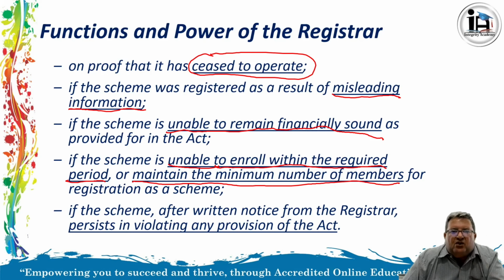As we just saw on the previous slide, a minimum of 6,000 within the first 3 months. Or if the scheme, after written notice from the registrar, persists in violating any provisions of any act. Those are all reasons why the registrar can deregister that medical scheme and tell them, sorry, you cannot operate as a medical scheme any longer.